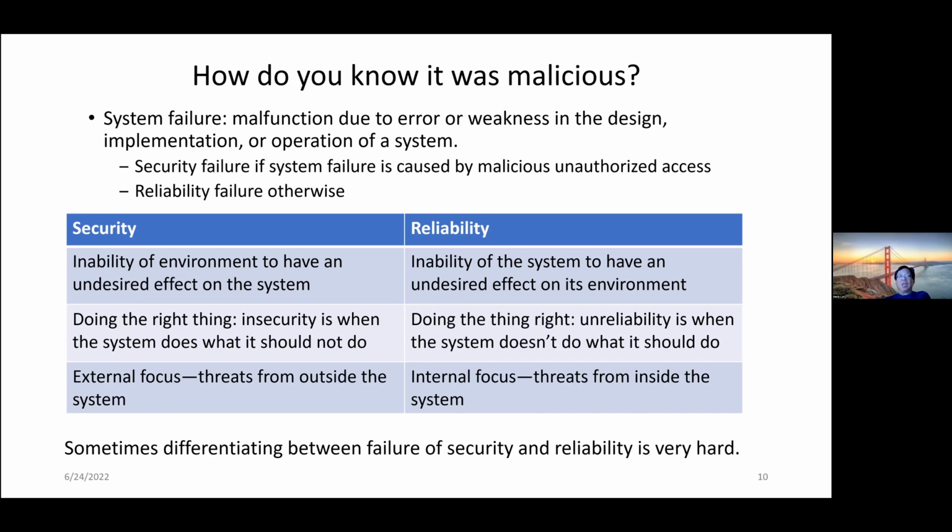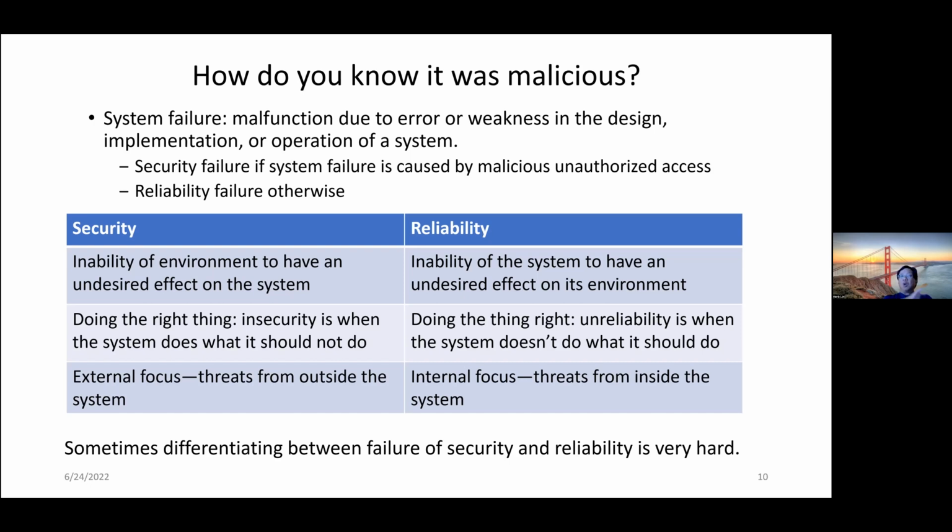You have good security if the environment can't cause an undesired effect on the system. That's having security. Reliability is when the system doesn't have an undesired effect on the environment that it's operating in, including the people who depend on the information and so on.